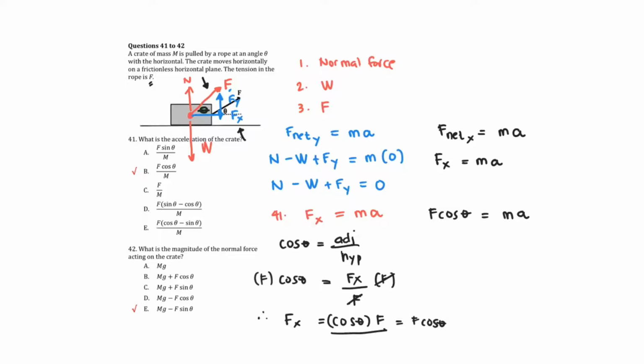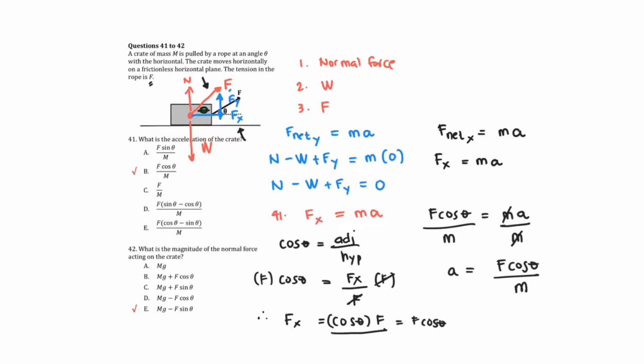And since I am interested to solve for the acceleration, I'll just have to divide both sides by the mass. Dividing by the mass, I will be able to cancel the mass on the right side of the equation, so that the acceleration is equal to F cosine theta divided by m. And that is the answer to number 41.